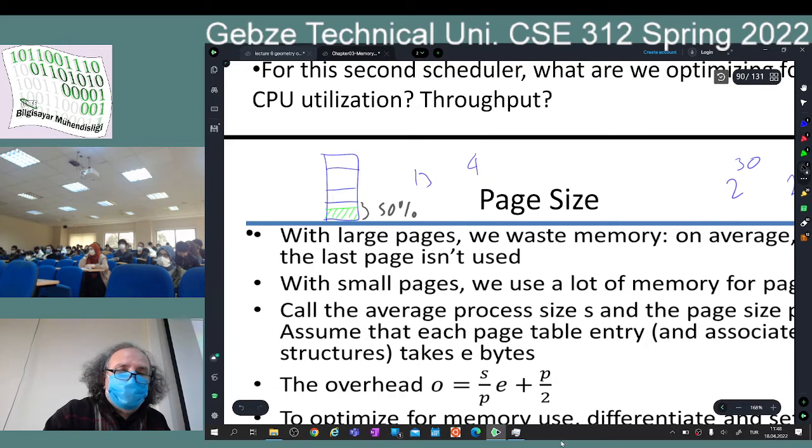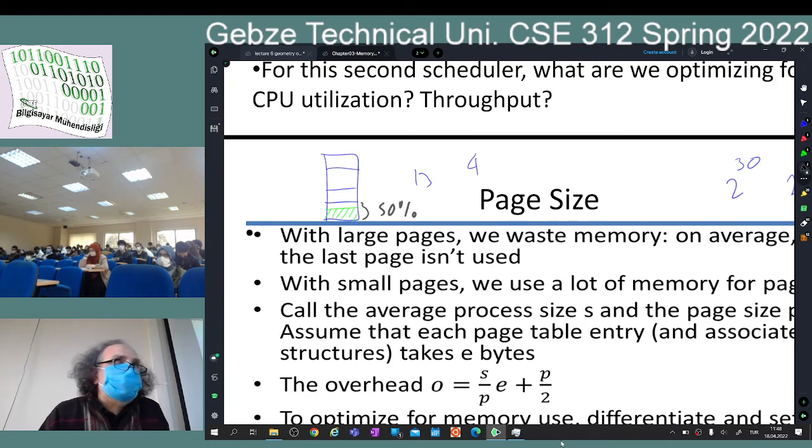And E is the number of bytes for each table entry. Let's say in my page table, I need to keep 100 bytes for each page table entry.